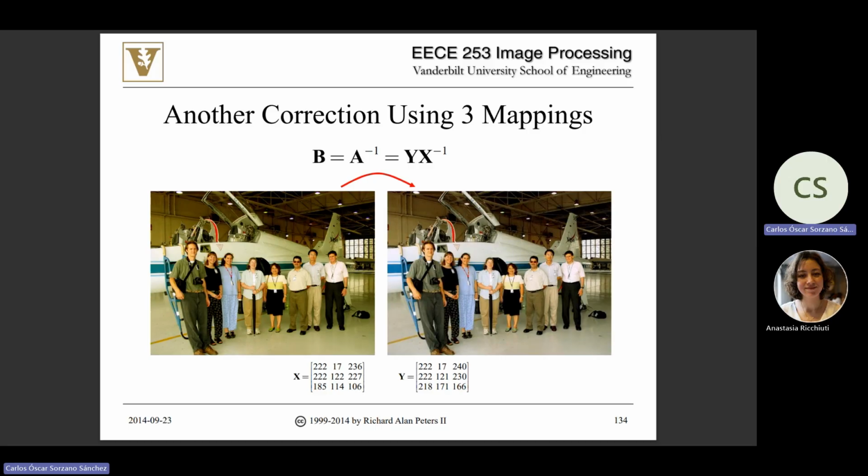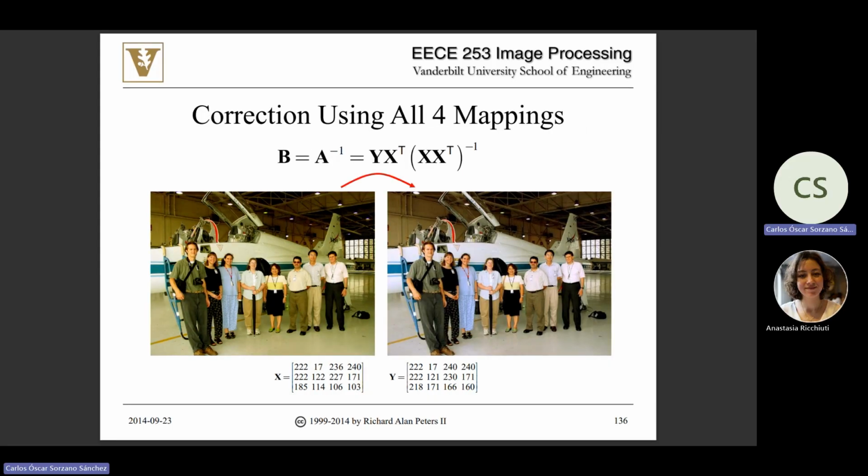With more different mappings, you have something different. 3 mappings, 4 mappings. So this was the original, this is the corrected. The more mappings you give, the better you will be able to estimate the matrix A.